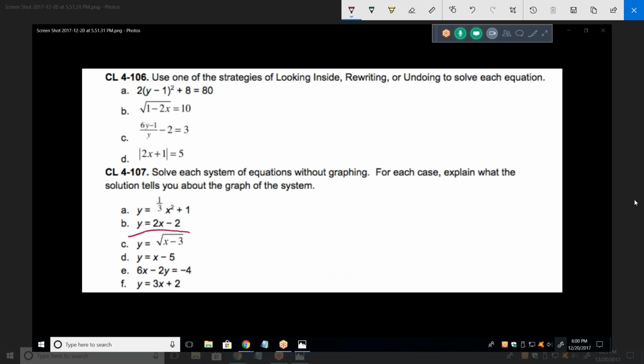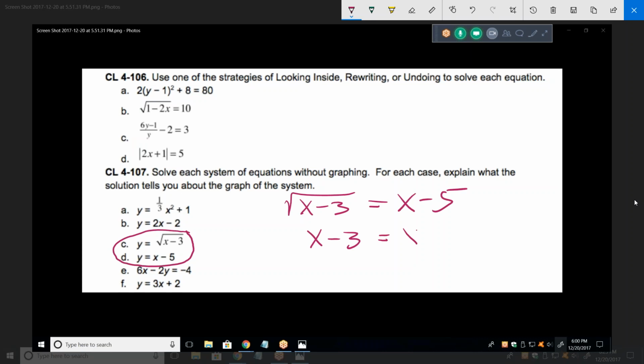Okay, let's look at this one here. First thing we're going to do, we're going to solve it without graphing, so we're going to do it algebraically. What am I going to set them equal to each other? Now what? Square both sides. What's the right side?